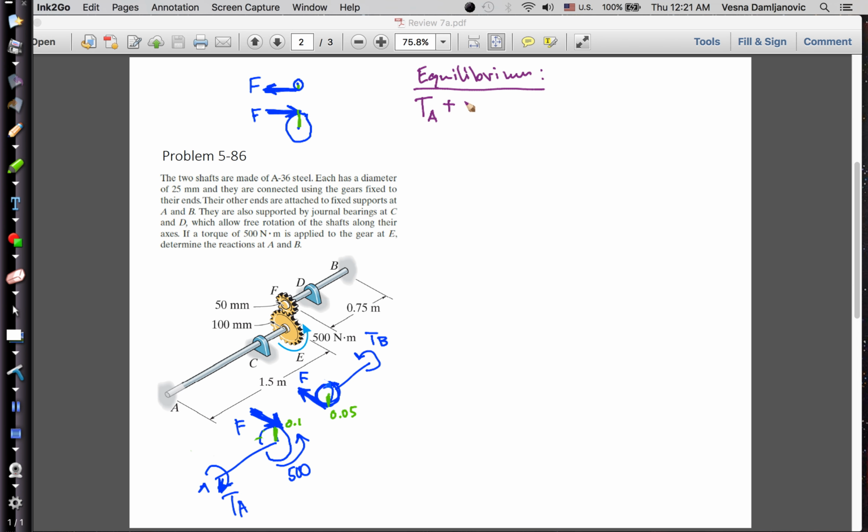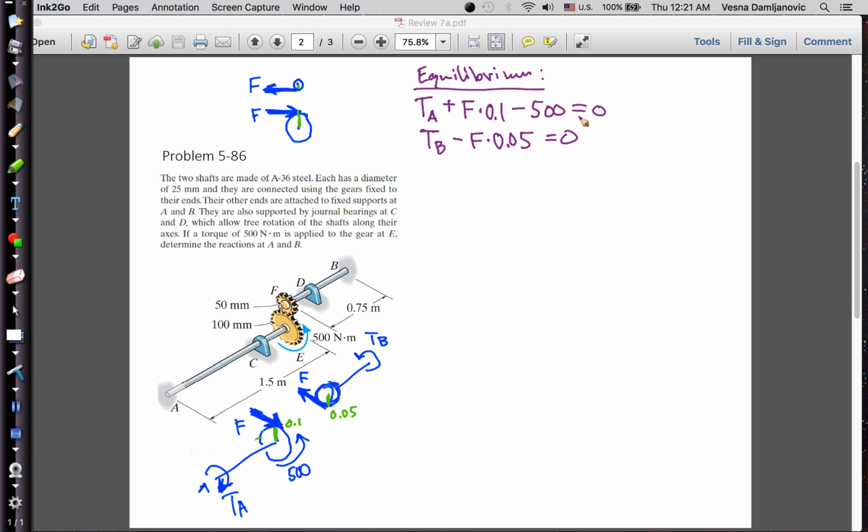And another equation of equilibrium. We don't know what this F is. It's some sort of reaction, okay? The only thing we know is that these two F's are the same. The other equation of equilibrium for this body would be, so I'm now going to choose that this is a positive direction, so it's TB. And then the only other thing that we have is the opposing guy, this F. So it's going to be minus F times 0.05 is equal to 0. Okay?